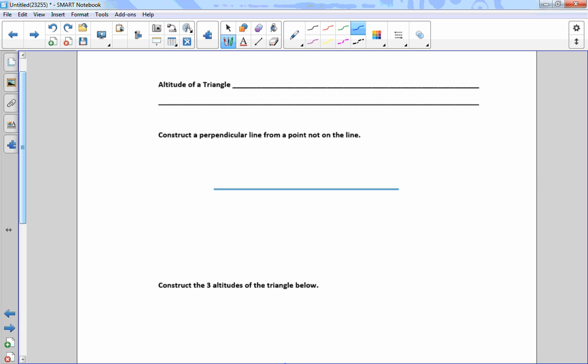So the altitude of a triangle is the perpendicular segment from a vertex of the triangle to the line containing the opposite side.